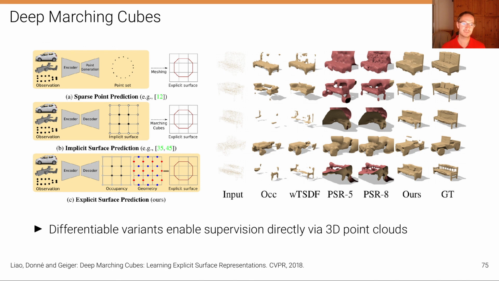But here, this is a version that is differentiable, and that combines the topology with the vertex location in a probabilistic manner in order to be able to then backpropagate gradients end to end through the entire system to the parameters of the network, and allows for training not using this auxiliary loss function on the implicit representation that has first to be obtained, but can be directly trained using, for example, point clouds as supervision.